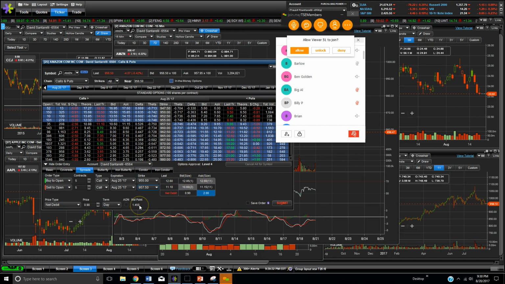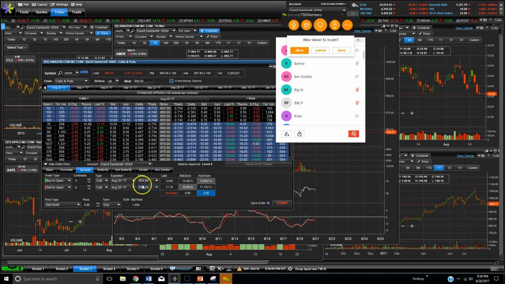But this one's $1.45. So 5 contracts of this is going to cost you $725. Again, your max it'll be worth is $1,250. So your max gain, 250 divided by 1.45, is 72.41% return if you paid $1.45 for it.